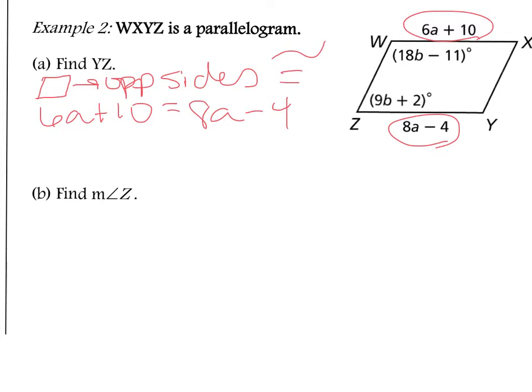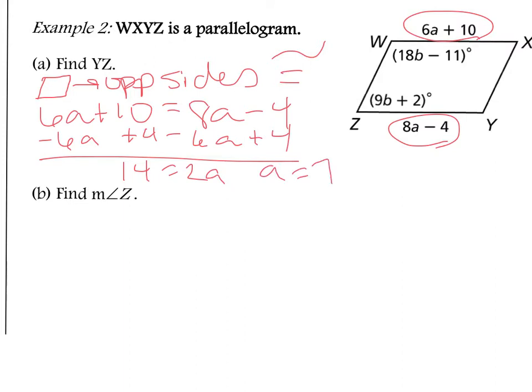Now I've taken the geometry out of it. Now it's just an algebraic equation that I can solve. So I have 14 equals 2a, so a is equal to 7. Notice it doesn't say find a, it says find YZ. So 8 times 7 minus 4, when I go and plug that in, is 52. So there we go.